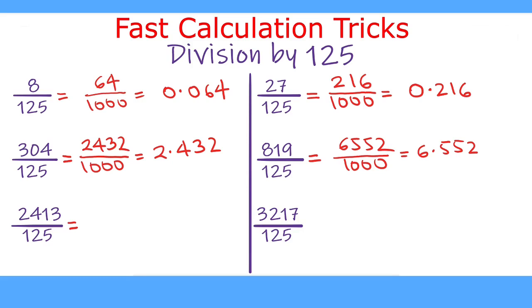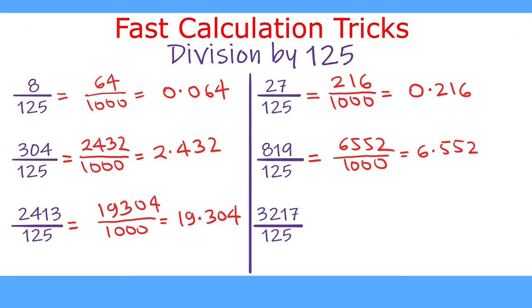So 19,200 plus 104 gives us 19,304 divided by 1000. This gives us 19.304, as we have to put decimal after 3 digits. So this gives us 19.304.